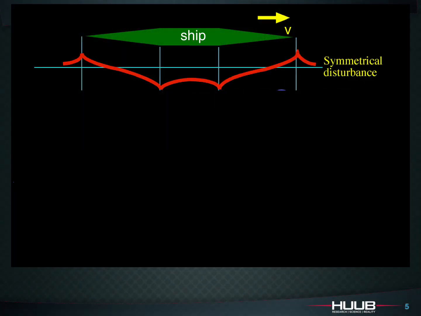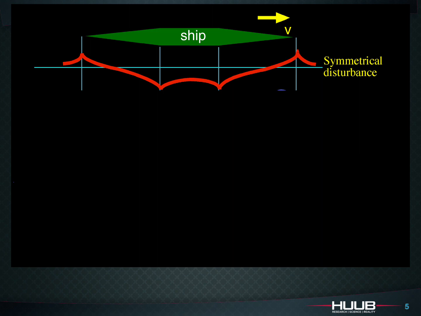What you see here is a ship traveling to the right with a specific velocity at the surface. Now, why is a ship creating waves? If you look at this red line, you see that there are different pressure points. There's a pressure point at the bow, and there is a pressure point at the stern.